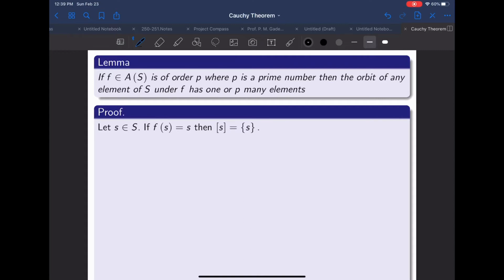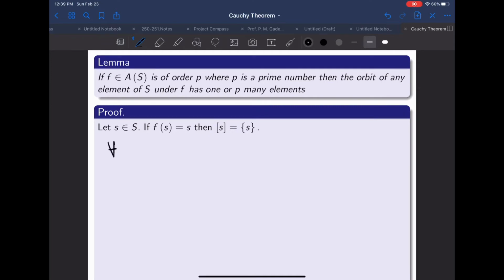So the proof goes as follows. Let s be an element of the set S, and if f of s is equal to s, then clearly s is fixed under the map. So then the orbit of s will be the singleton containing s. Why?